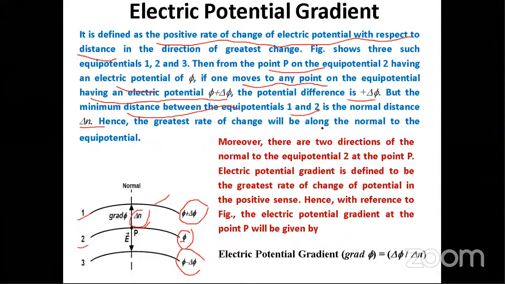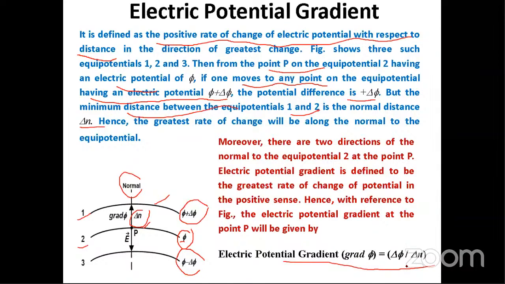Hence, the greatest rate of change will be along the normal to the equipotential. So this is always the normal to the equipotential. Similarly, the potential gradient is denoted as the change of potential, that is the potential difference del phi, divided by the change of distance, del n.